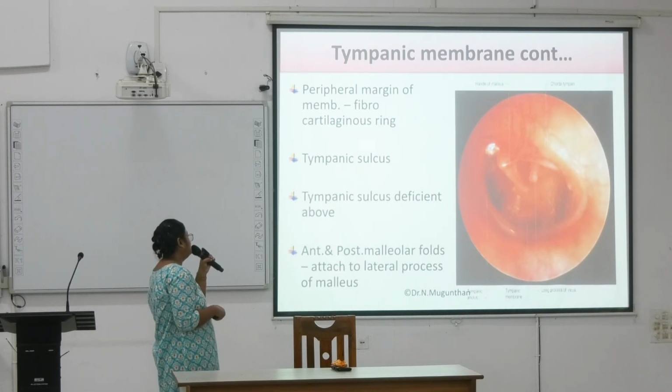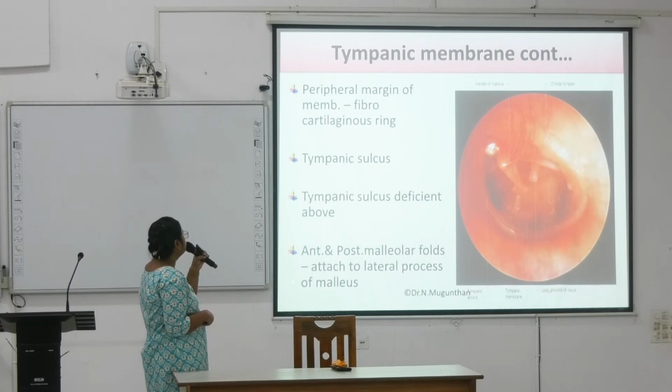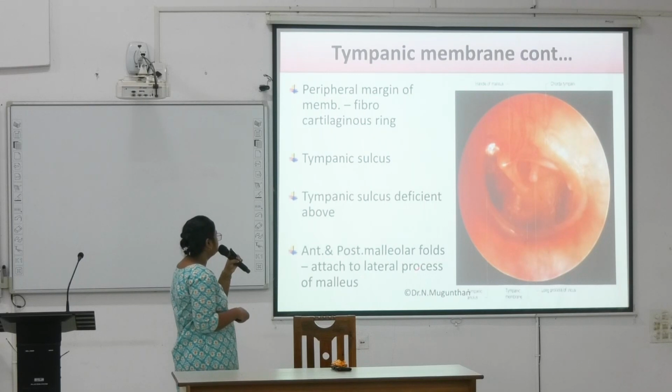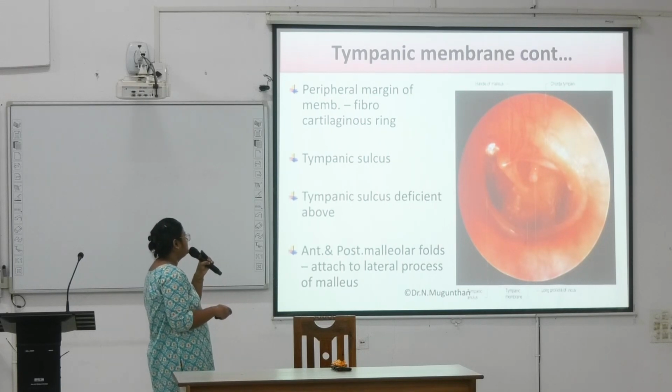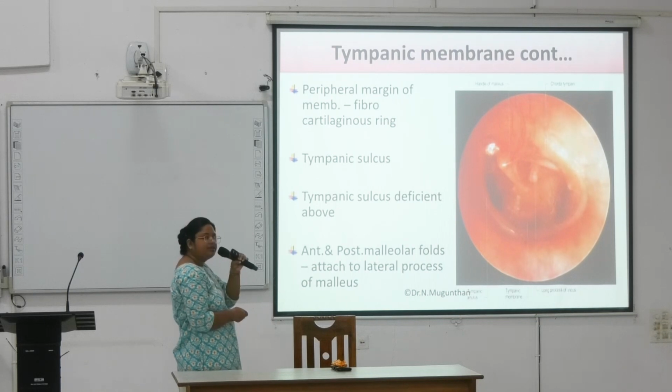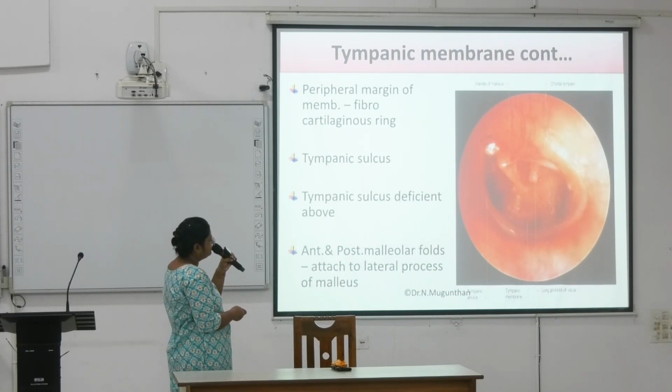The anterior and posterior malleolar folds are attached to the lateral process of the malleus. This is the lateral process and this is the handle of the malleus. And here you can see part of the incus, the long process of the incus where the stapes is attached.